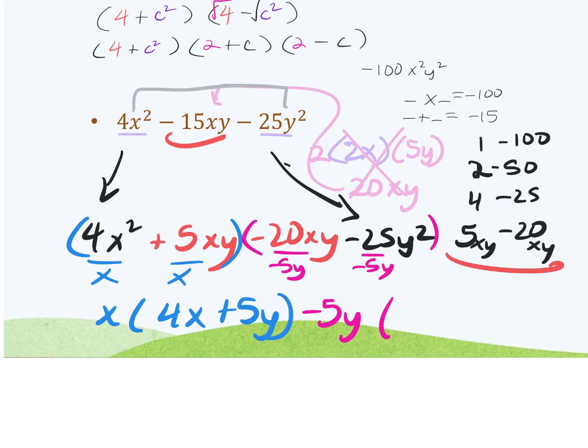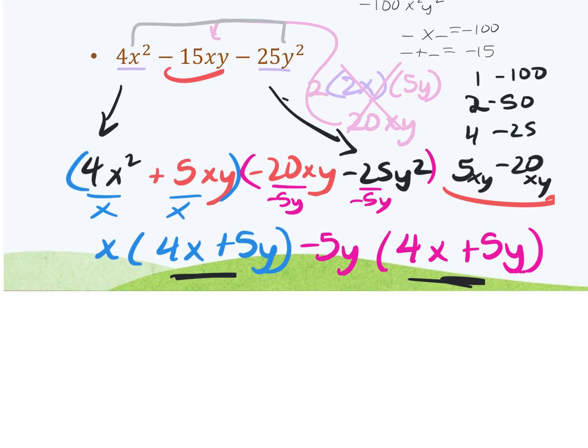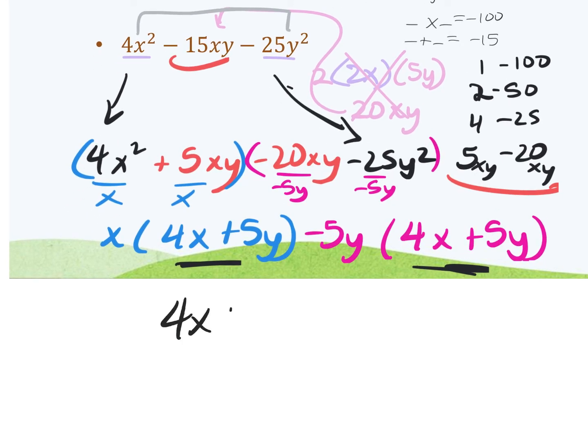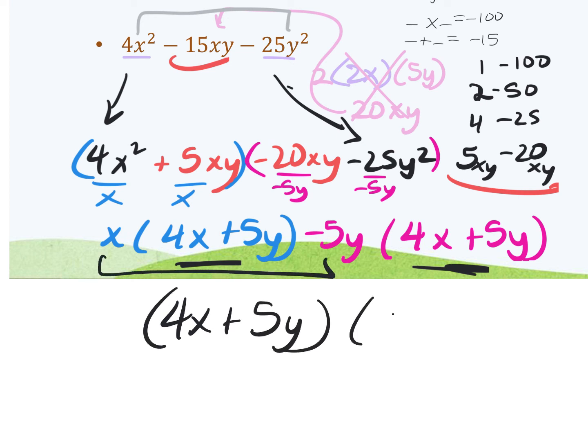And then what remains after we divide is 4x plus 5y. Notice again, these look the same, which is what we wanted. It's now a GCF, so you just write it down and then take the two numbers that you divided by, and they become the second binomial. And again, the order doesn't matter. And that is it for the Classkick.